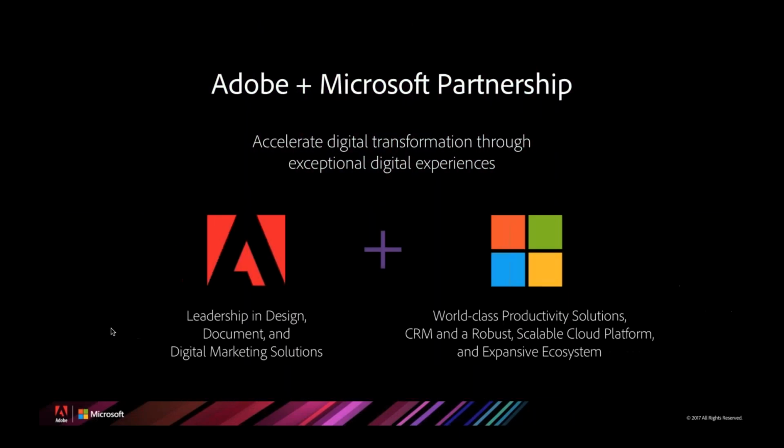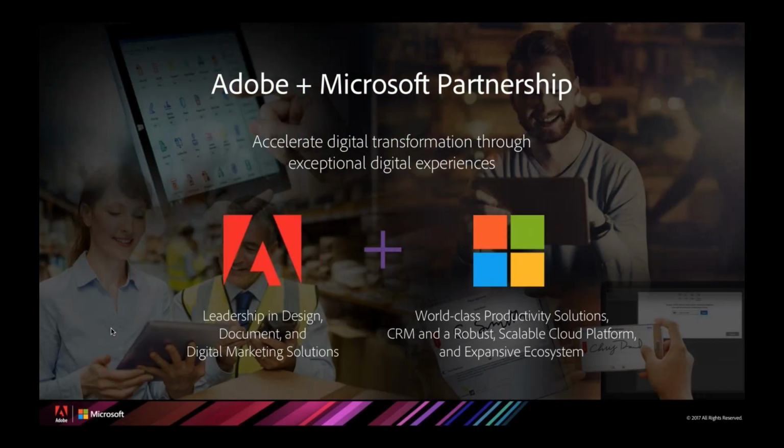And then there's a story that we have, which is specific to Microsoft, and it'll be a focus of what we talk about today. In 2016, we launched a strategic partnership with Microsoft, and it's all about helping businesses transform their customer engagement, really looking at the Microsoft cloud app space in Dynamics and in Office.